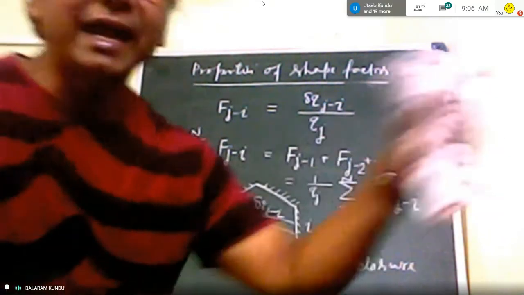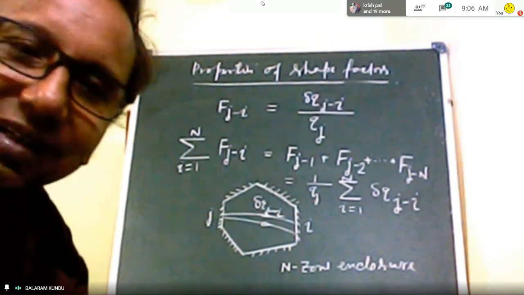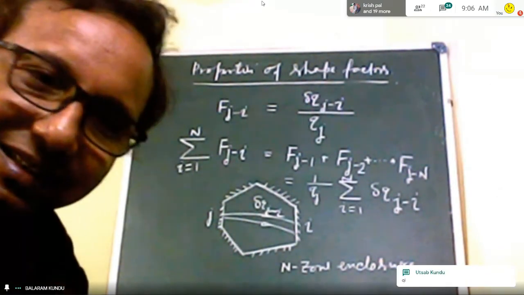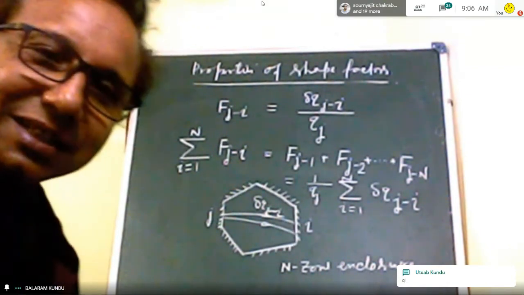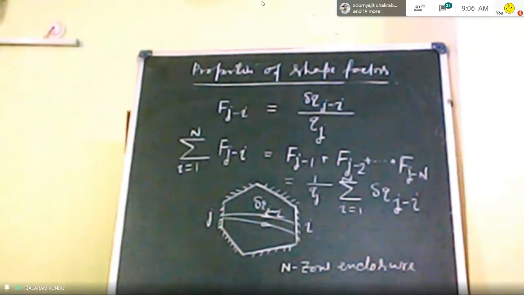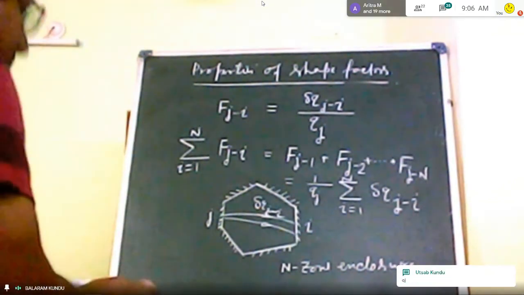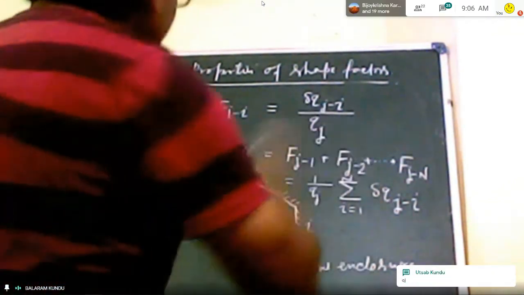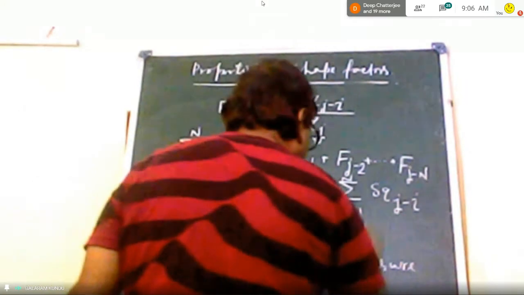And if we add, then what will happen? It should be equal to Q J, definitely. So this term is equal to Q J, so it will be 1.